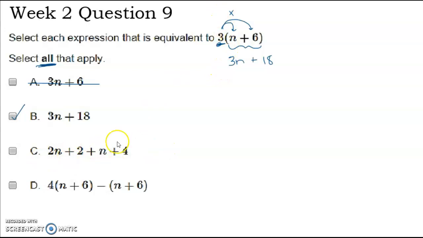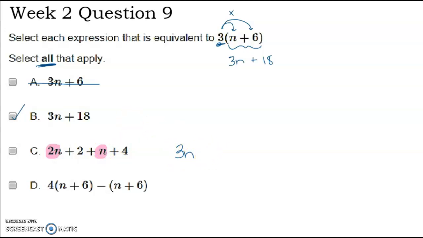C, I'm not even sure where they're getting these 2 n's. What this looks like is that we have some like terms that are not being added together. We have 2 n's right here and another one here. If we have 2 n's and then another one, in total we have 3 n's.